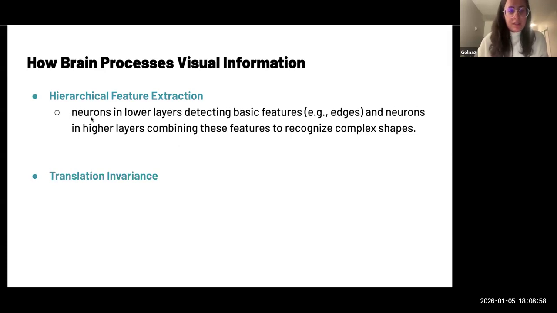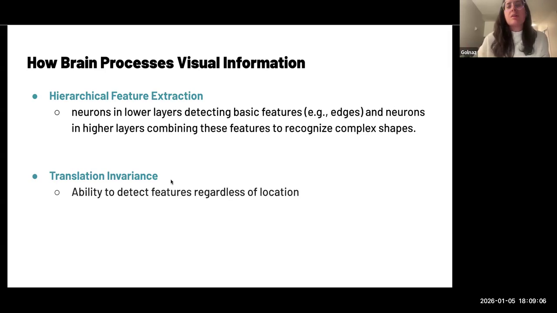Another thing was translation invariance, which means the ability to detect features regardless of location. How you can find a particular feature is invariant of where it is located, which is an important characteristic of how we process visual information.